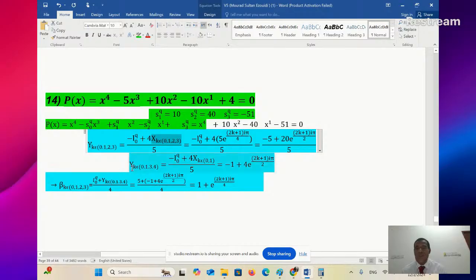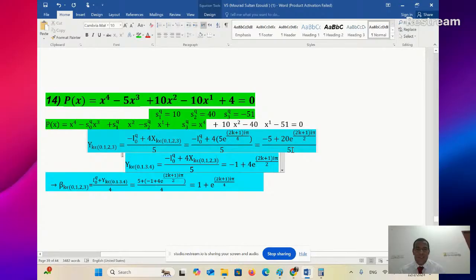I will obtain y subscript k, from 0 to 3, is negative s0 for the cube plus 4 times xk over 5. Of course, it has to become minus 1, because minus 5 divided by 5 is minus 1.